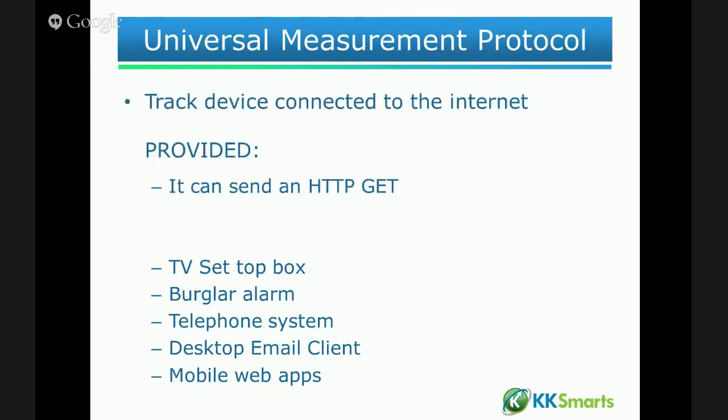It allows you to track any device that is connected to the internet. Now, Google did this because there was a problem with their old version of analytics, that the device needed to be able to run JavaScript. That was not a problem for people using a web browser, but for some mobile devices, that was going to be a problem.